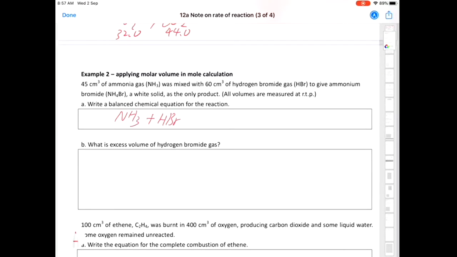It is also a special technique when you are given some volume of gases. This equation actually has a lot to talk about.